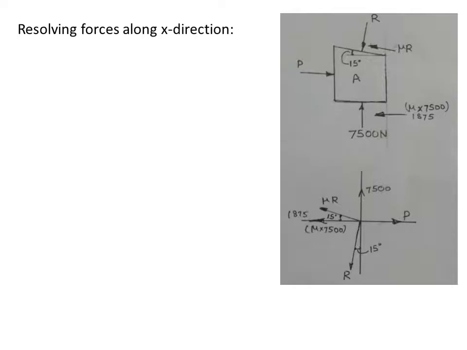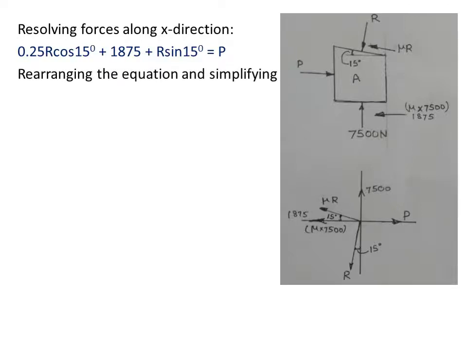Now, resolving forces along the x direction: 0.25 R cos 15 degrees plus 1875 plus R sin 15 degrees equal to P. Right hand side forces equal to left hand side forces. Rearranging the equation and simplifying, we can take R as common.